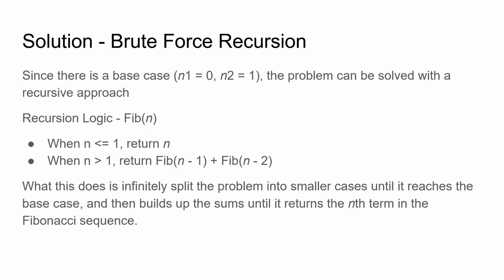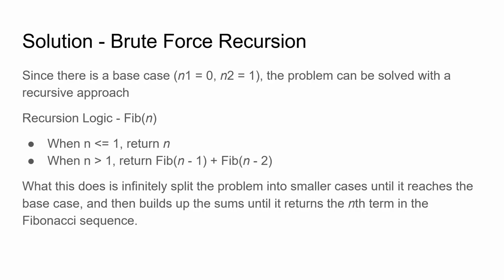Because if it's the 0th term, it's 0. If it's the first term, it is 1. And if n is greater than 1, it's going to return the sum of the previous term in the sequence, which it finds by putting it through the function again, and the second previous term, which it also finds by recursively calling the function.